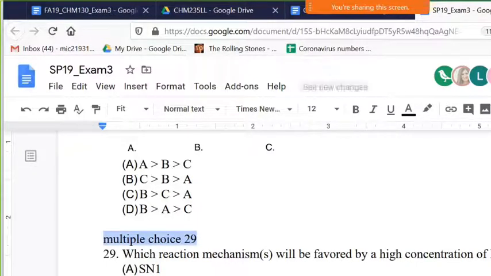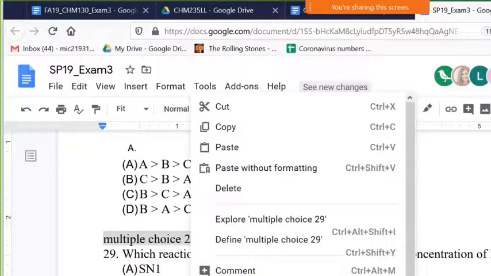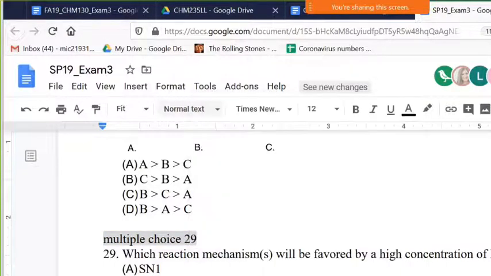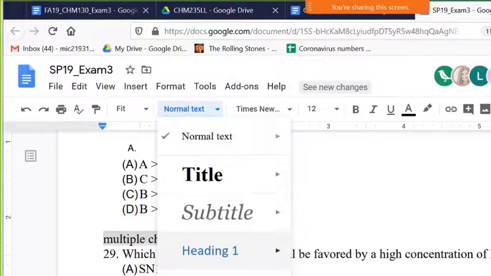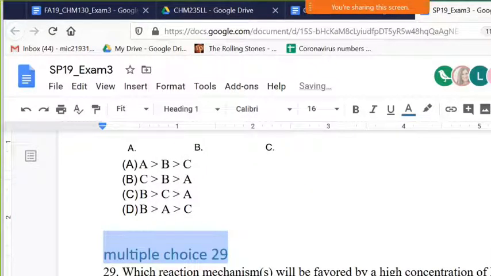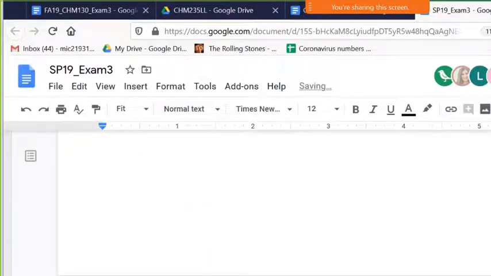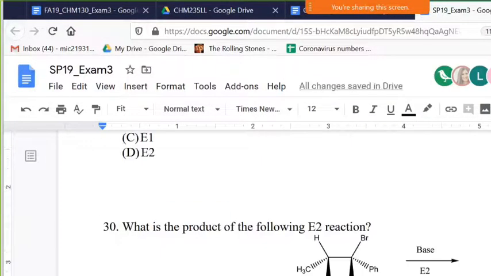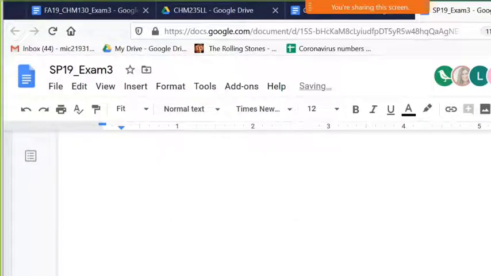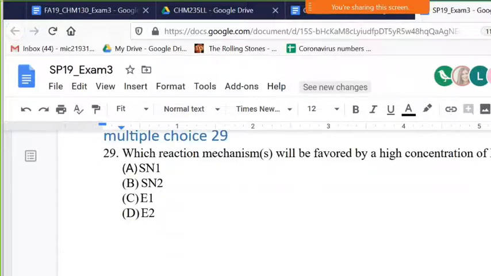High concentration of bromide. Well, there is a structure there, actually. We've got Br minus. What does that minus mean to you? Hopefully what it means is that, because it is negative, you have a strong nucleophile.